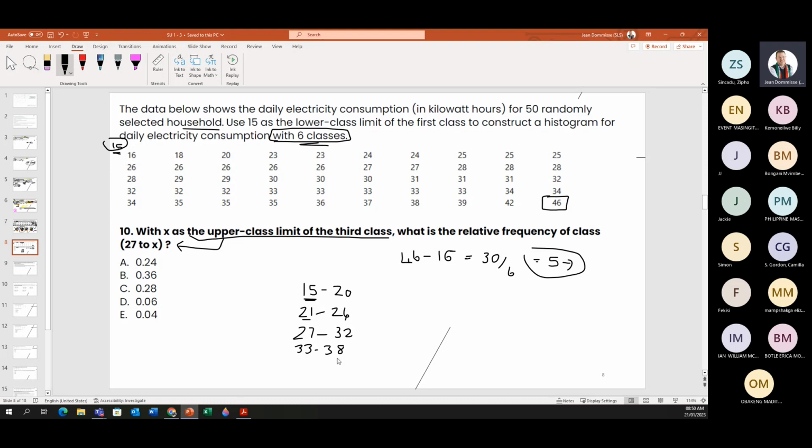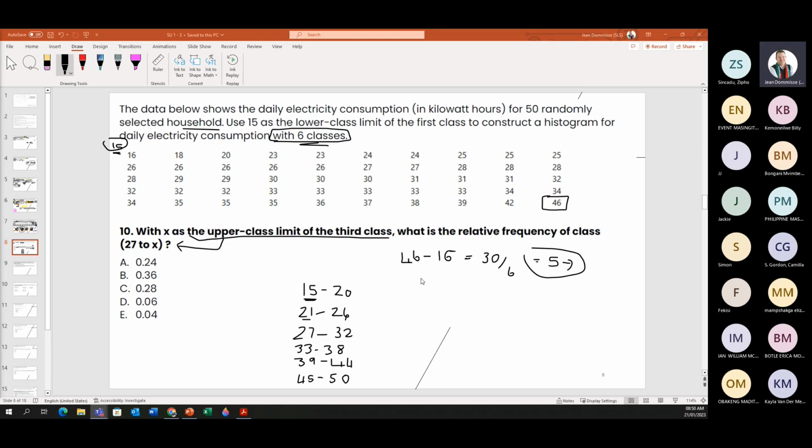I hate it when it's not rounded numbers. I love to work with rounded numbers. 44, 1, 2, 3, 4, 5. So the last one will actually be to 50, even though there's only one number in it.